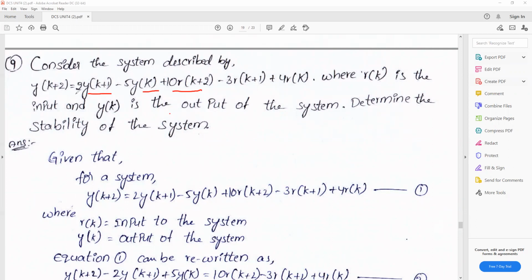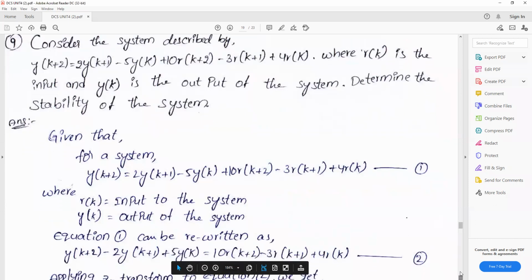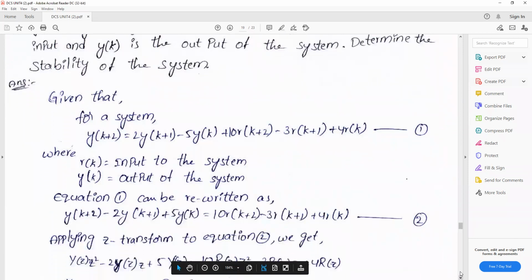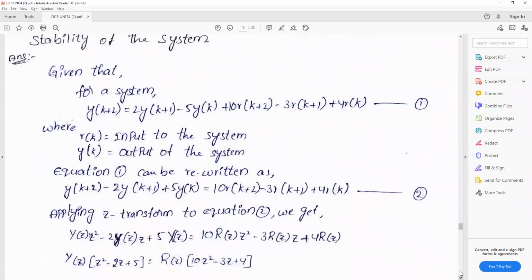Determine the stability of the system. First, we calculate the given system in the form of a transfer function or characteristic equation. So we have to write the given system as a characteristic equation.